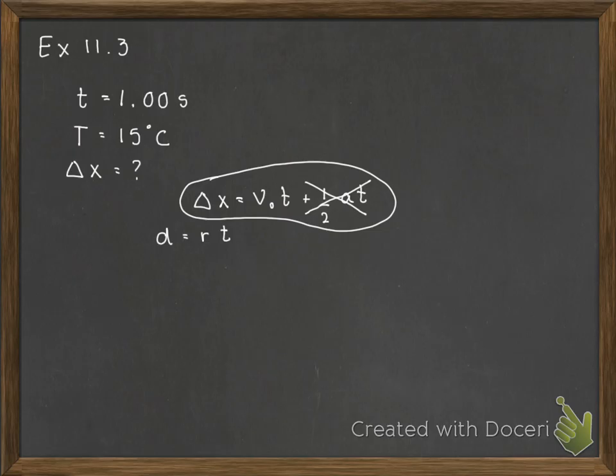Knowing that sound waves move with a constant velocity in an unchanging temperature, which you may not have known, but I'm telling you, the acceleration is 0, and we're left with distance equals rate times time. We've got the time. Our distance is our unknown. That means that we need to be able to solve for velocity.